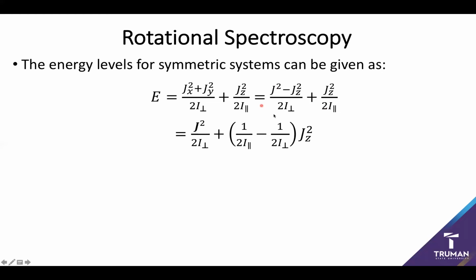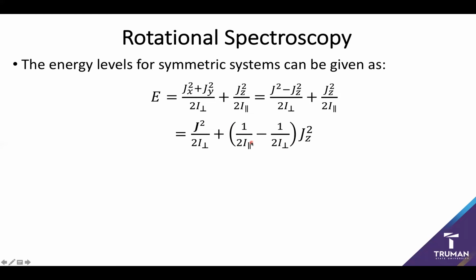Because then we can isolate our total angular momentum term on its own, and then bring together these two angular momenta in the z directions together with essentially a prefactor that will relate the difference of 1 over the corresponding moment of inertia. So again, one way you can think about it, I'm replacing a certain amount of the perpendicular moment of inertia with the parallel moment of inertia.